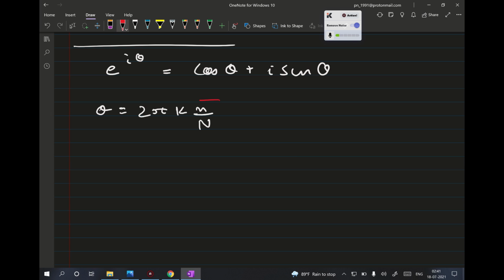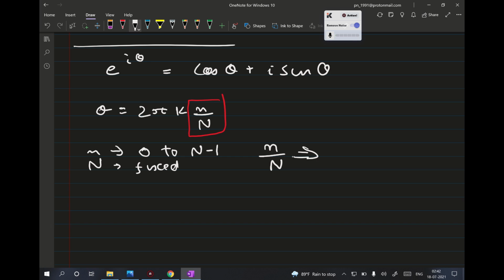Now one more thing about this. If you say this, small n is going from 0 to n minus 1, and capital N is a fixed number, so n by N is nothing but we are normalizing it.